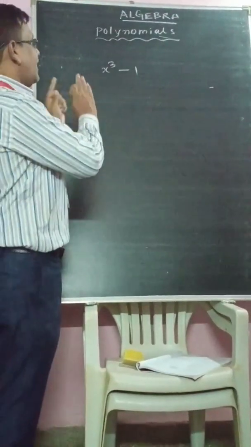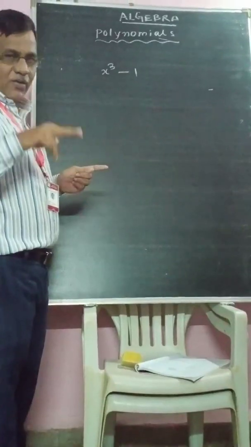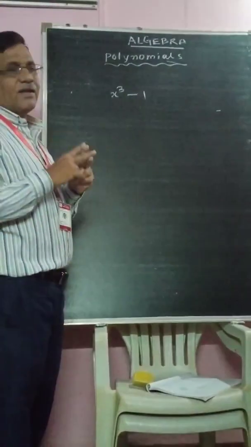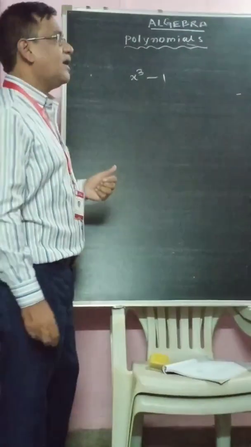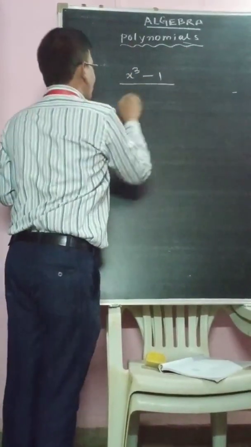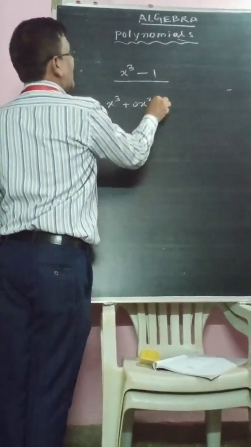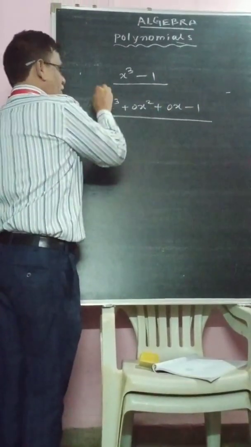But in between these two, power 2 and power 1 are there. They are not shown in this polynomial. But the actual polynomial you can write in this way: x cube plus 0 into x square plus 0x plus minus 1. This is the actual polynomial.